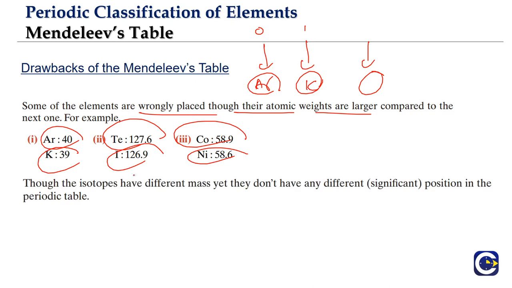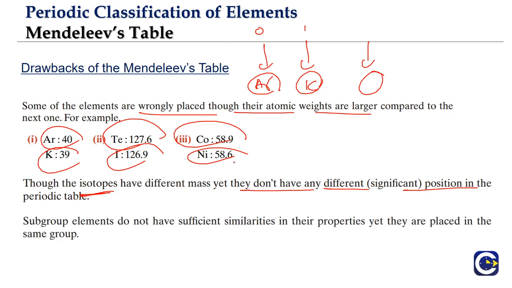The second one is with regard to isotopes. Isotopes were not given different positions in the table, because if the arrangement of the elements is based on the increasing order of atomic weight, then isotopes must be given different places. But isotopes of an element were not given different places, and this is an issue with the Mendeleev table.